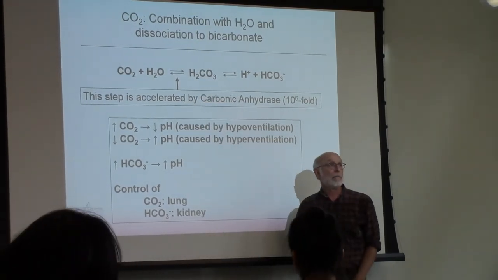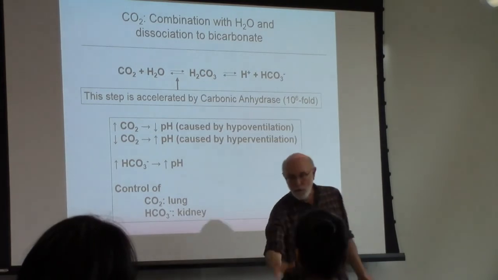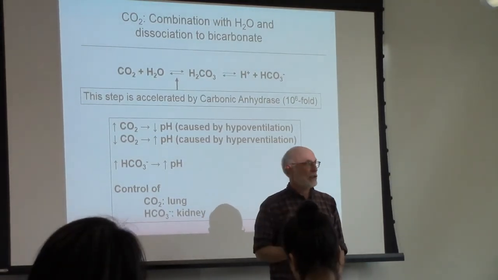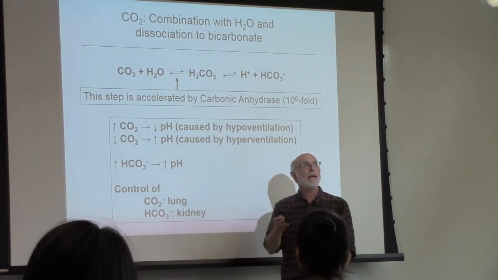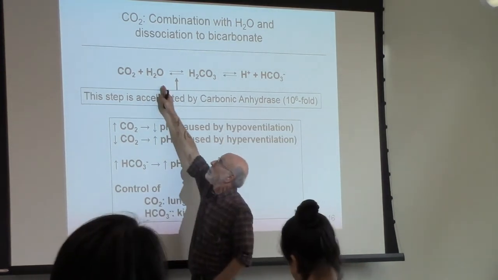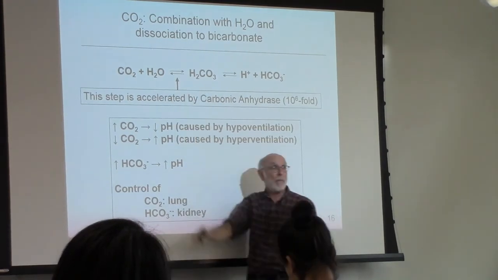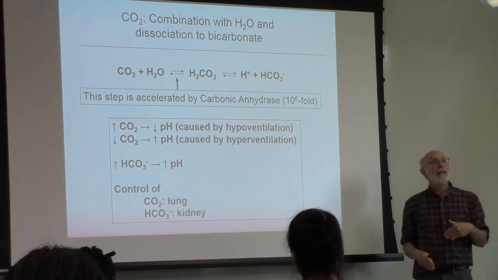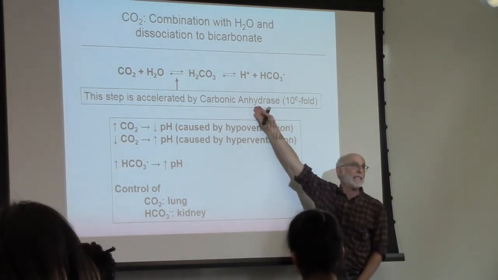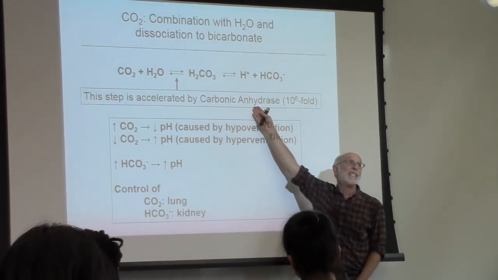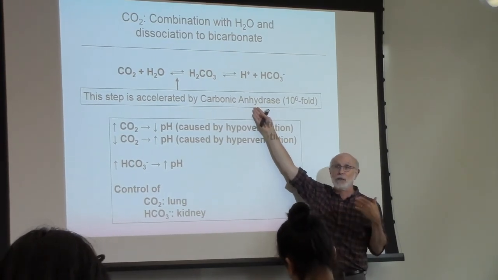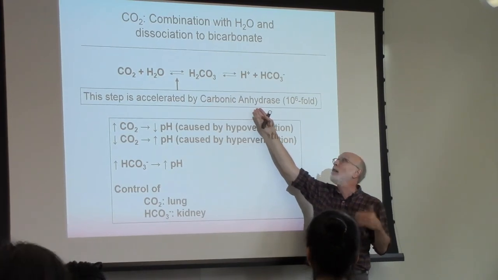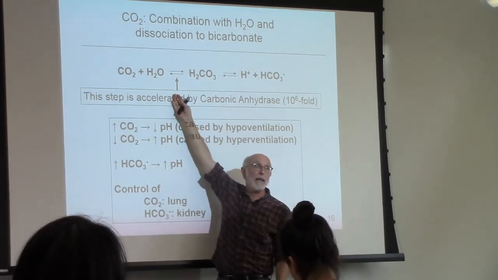If I take a beaker of water and put it in an atmosphere of carbon dioxide, we don't have a high concentration of carbon dioxide, but a tiny amount of that carbon dioxide dissolves in the water, associates with water, and forms carbonic acid. Our bodies do the same thing, and it's accelerated by an enzyme called carbonic anhydrase. We're going to see there's a high concentration in red blood cells and in other cells in the body. So there's plenty of carbonic anhydrase to accelerate this equilibrium.